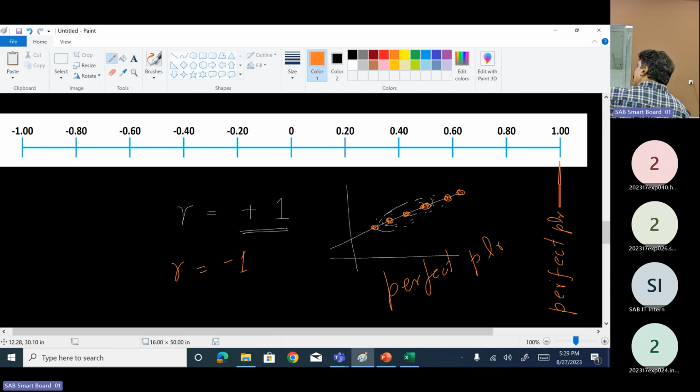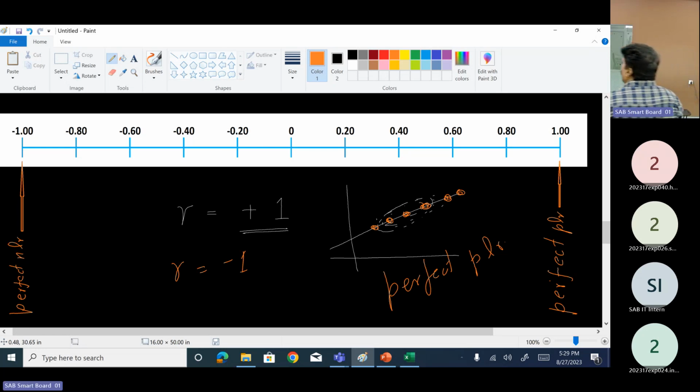I use PLR to say positive linear relationship. So similarly, if you have R equals -1, then it is perfect negative linear relationship. So I'm using NLR for negative linear relationship. Perfect positive is PLR, perfect negative is NLR.